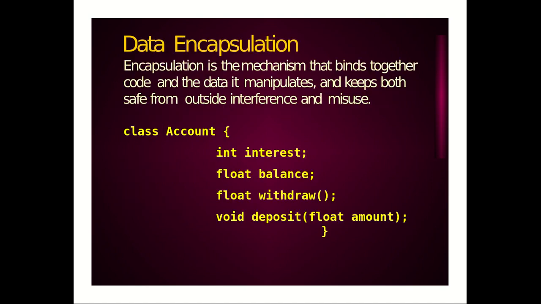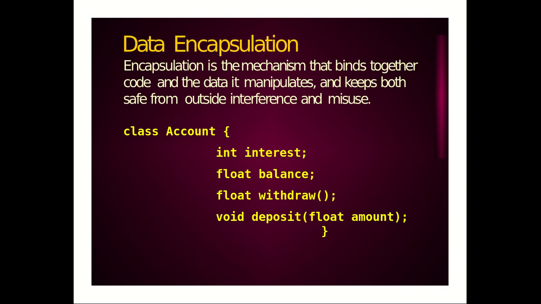So what do we mean by data encapsulation? Encapsulation is a mechanism that binds together code and data that manipulates it, and keeps both safe from outside interference and misuse. That means we bind the data members and the member methods as one entity, one class. Here we discuss an example, the class Account, in which we define two data members, integer interest and float balance, and methods float withdraw and void deposit(float amount).